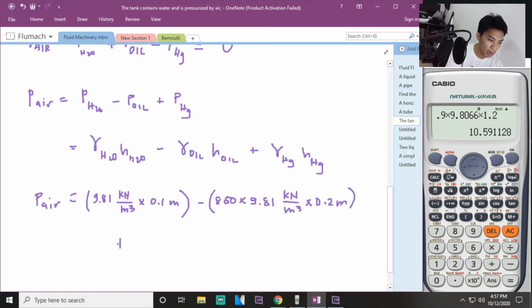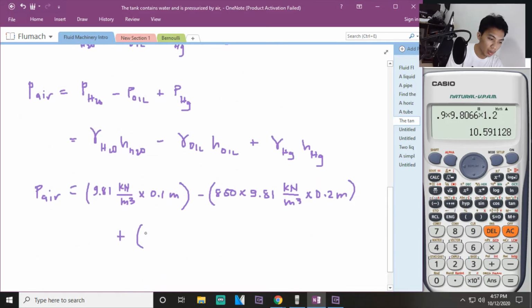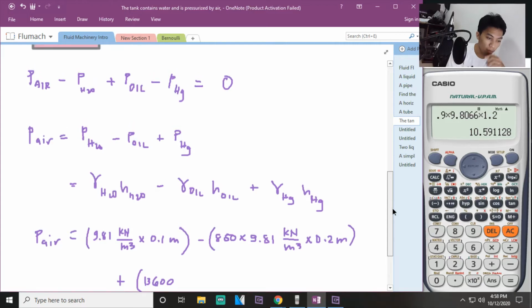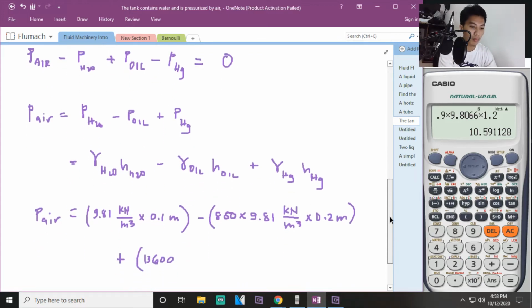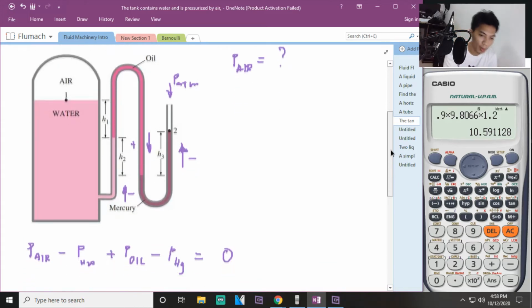Tapos, plus, sa mercury, 13,600 kilogram per meter cube.